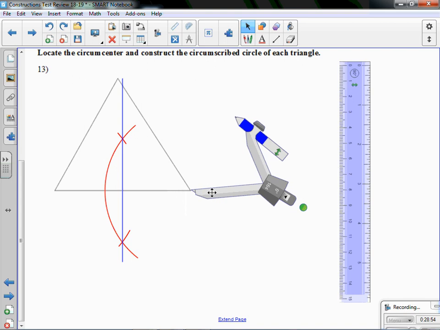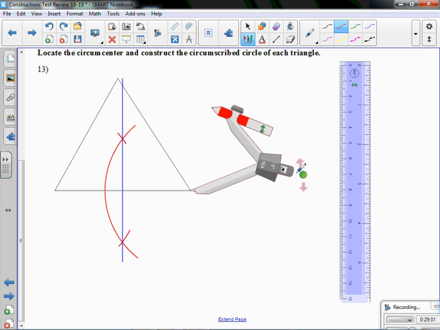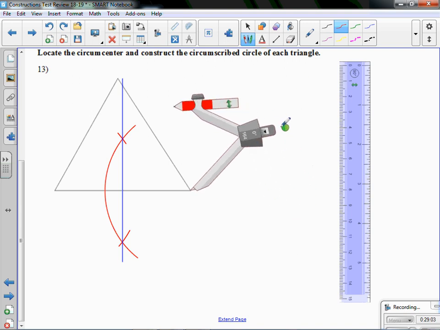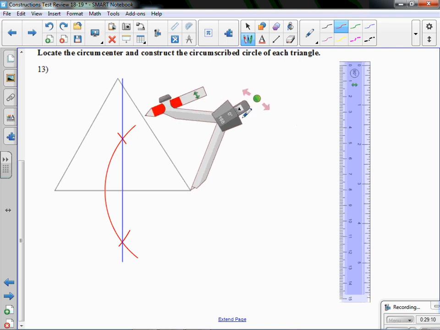So we'll do this side over here just because there's more room to work. All right, so make an arc that goes on both sides. That is, make sure my compass is more than half the length.